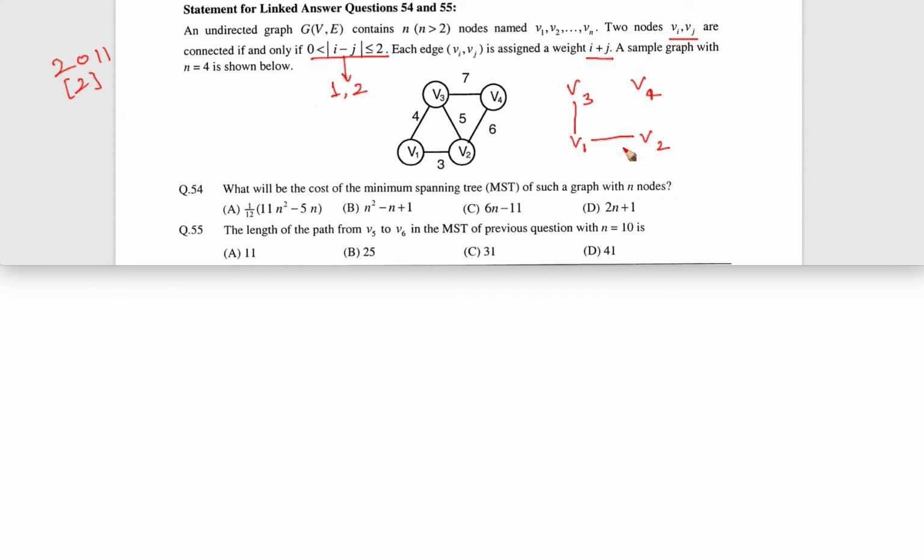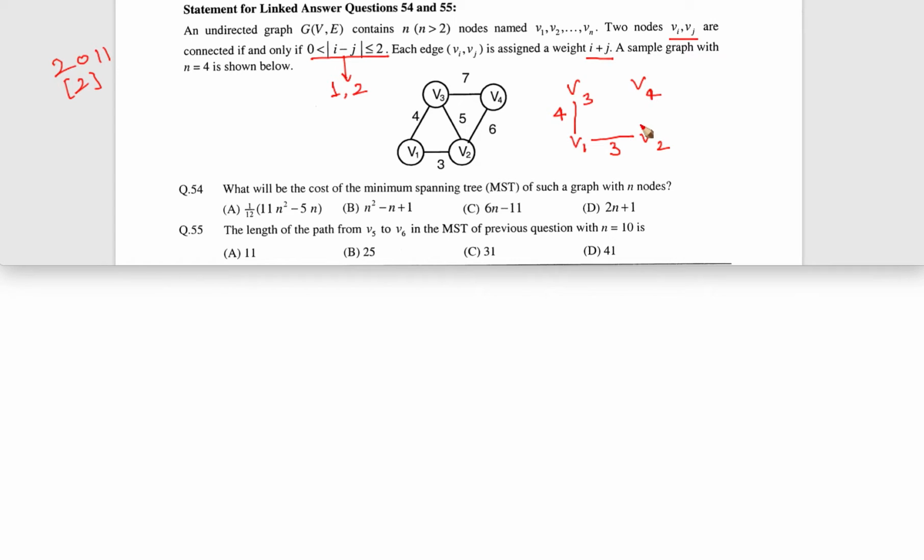So in this case the weight is going to be 1 plus 2, which is 3, and in this case 3 plus 1, 4. So you see here also, V1 is connected to V2 and the edge weight is 3, and V1 is connected to V3, edge weight is 4. Similarly, you can construct other edges.